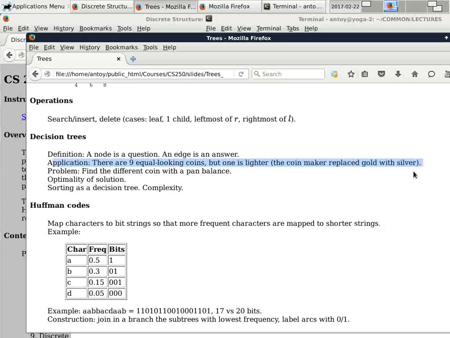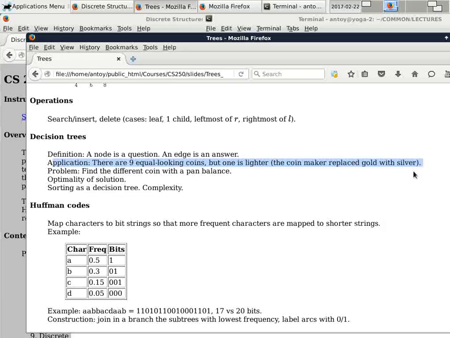This is one level. 2 levels, how many do I have? 9. 3 levels, I have 27. So if I can do it in 3 levels, this is optimal. Why is it optimal? Because with 2 I cannot solve the problem.